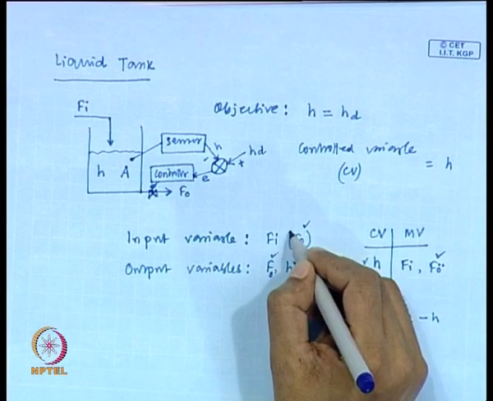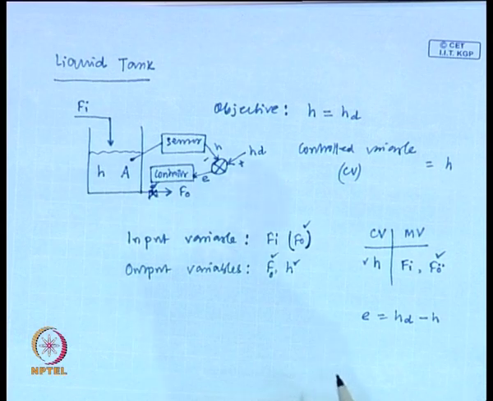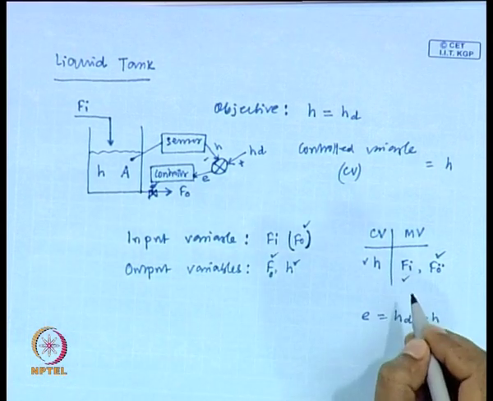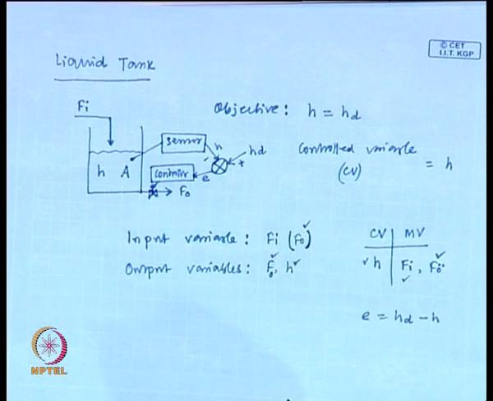That is why you write F naught within bracket. But if we consider Fi as the manipulated variable, in that case F naught is an output variable. Clear? Fine.